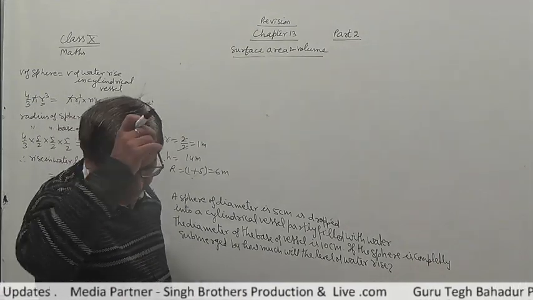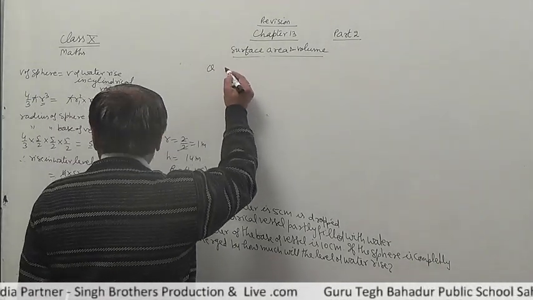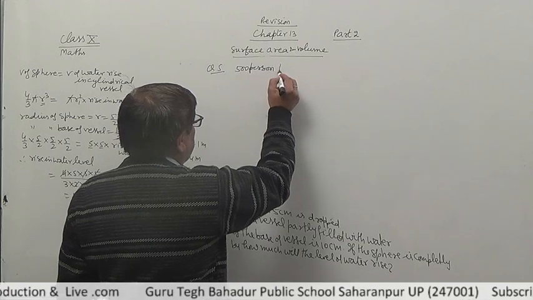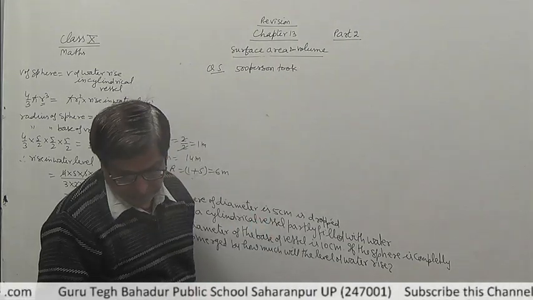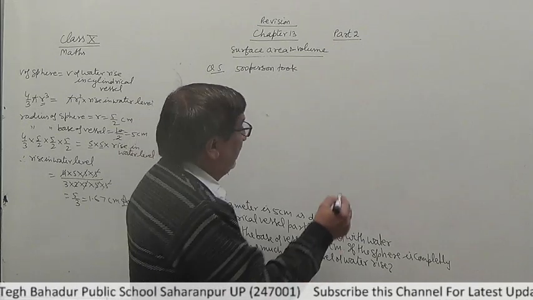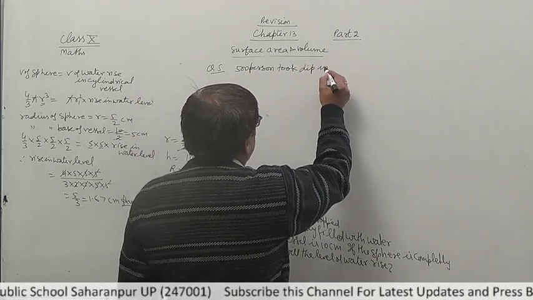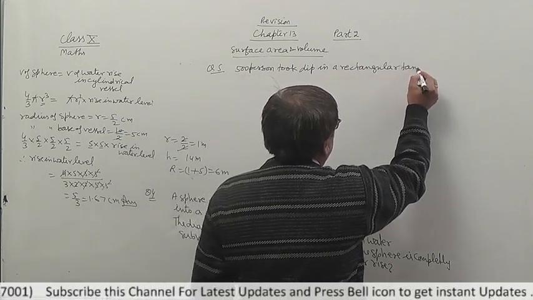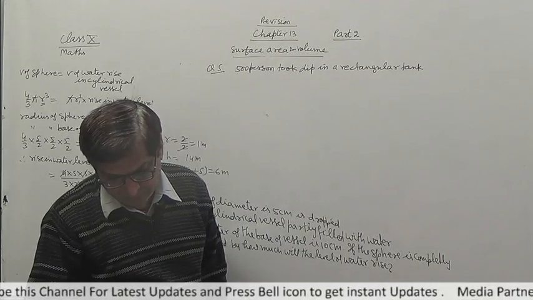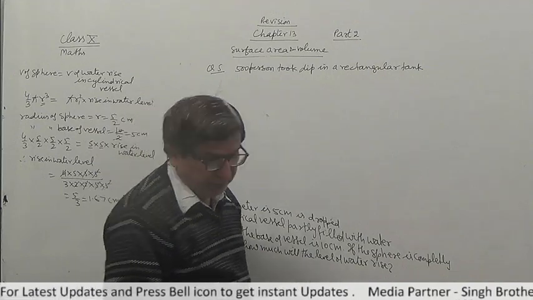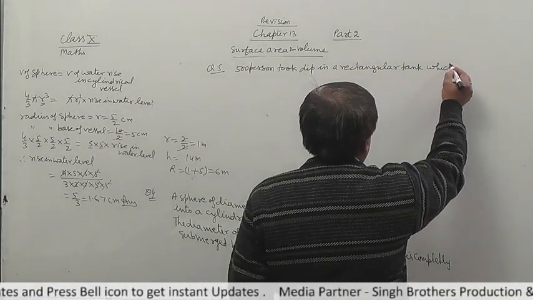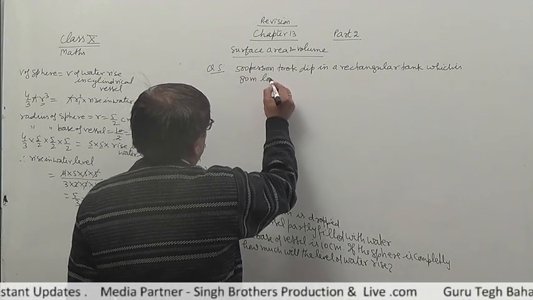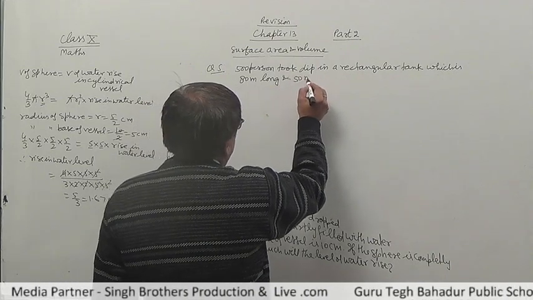500 people took a dip in a rectangular tank which is 80 meter long and 50 meter broad.